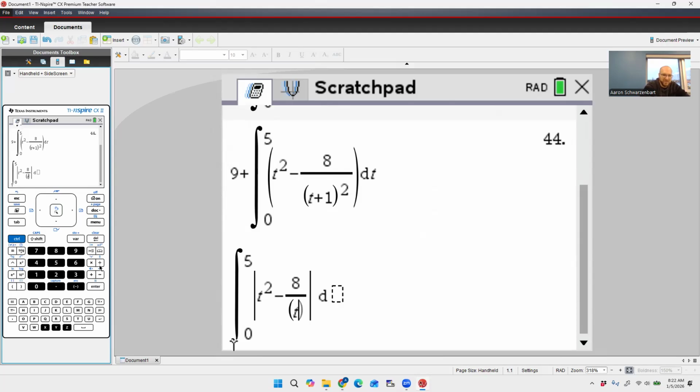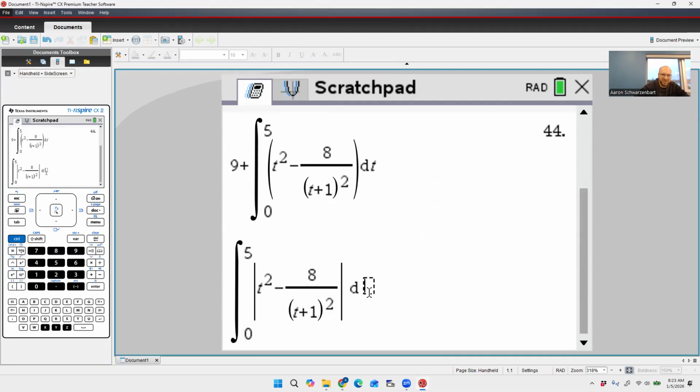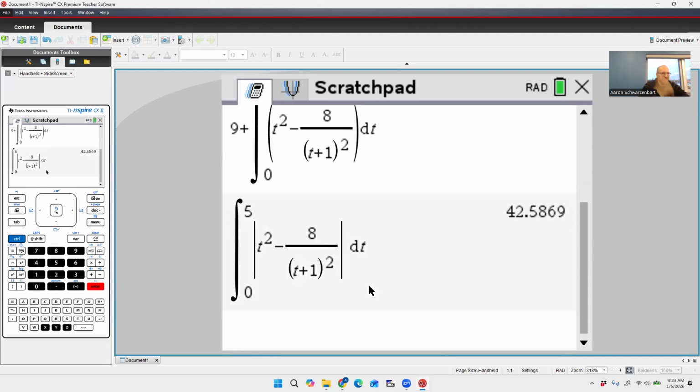How to add that absolute value in. But if I take the absolute value, this will account for the distance that I traveled. That makes sense, because the absolute value will just take all parts of it and make it positive. It traveled 42.58. I think this was in centimeters.